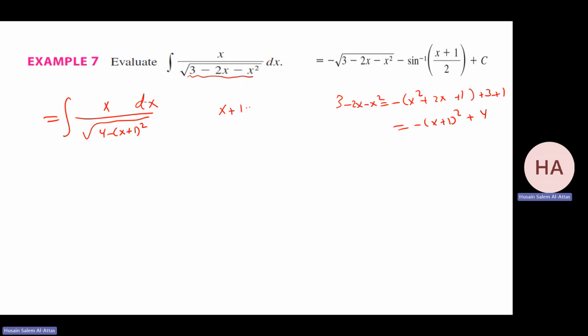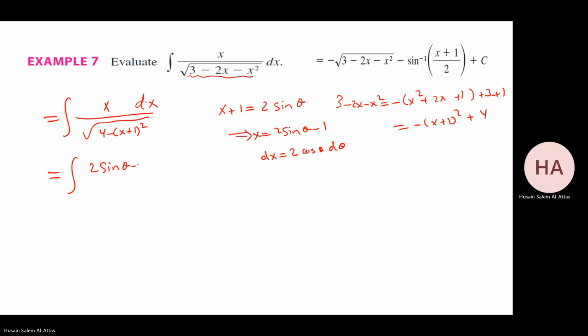I need x plus 1 to be 2 sine theta. That will be my trig substitution. That implies x is 2 sine theta minus 1, and dx is 2 cosine theta d theta. Plug in: I have 2 sine theta minus 1 times 2 cosine theta d theta over the square root of 4 minus 4 sine squared, that is 2 cosine theta, which cancels with this one.